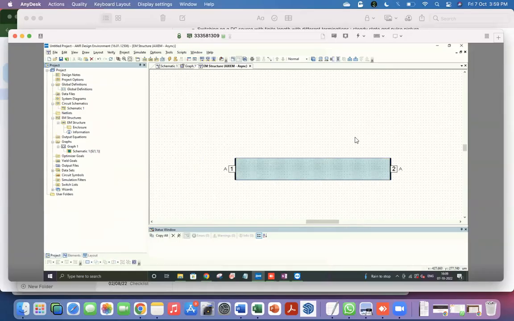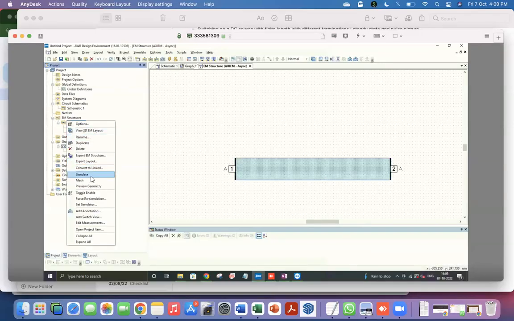As I mentioned, the finite element solver is much slower because it's actually solving Maxwell's equations by breaking this up into different things. There is a concept called meshing. So if I go to this, right click and say mesh.